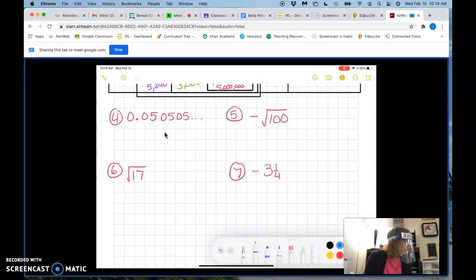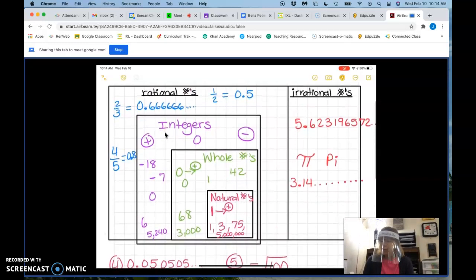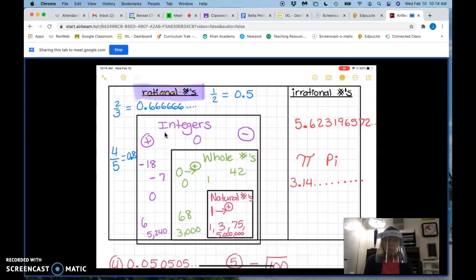Okay, so in this section it says, name all the sets of numbers to which each real number belongs. So I have to look at the number they gave us, and I have to decide where on my chart it fits. But here's the thing. If it is a rational number, it could also be another one of these.